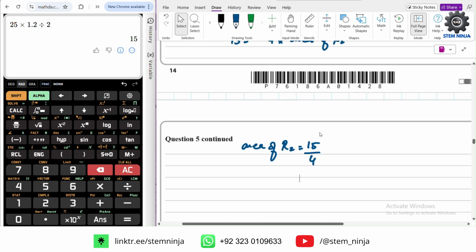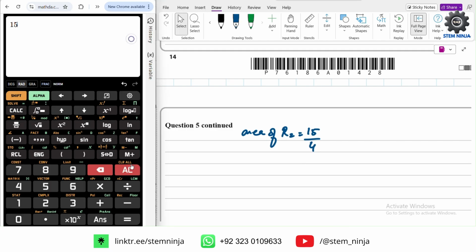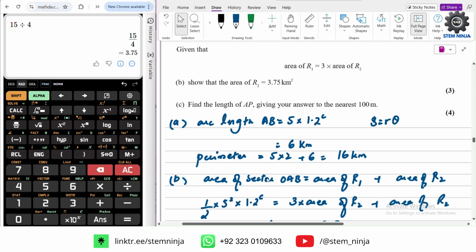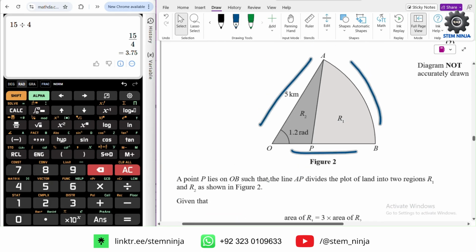Now 15 over 4 is 3.75 kilometer squared. Now find the length of AP, giving your answer to the nearest 100 meters. Okay, so what do we know?